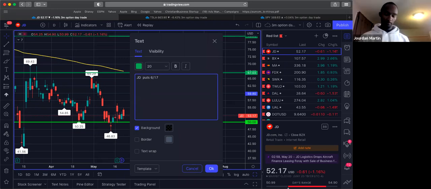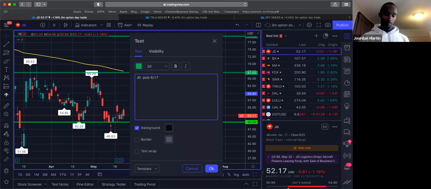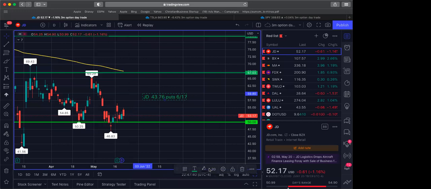Basically they changed my put from a 52 put to, oh sorry, give me a minute. It's a 43.76 put now. 43.76, which is a very weird number because it's a dividend adjusted price apparently.